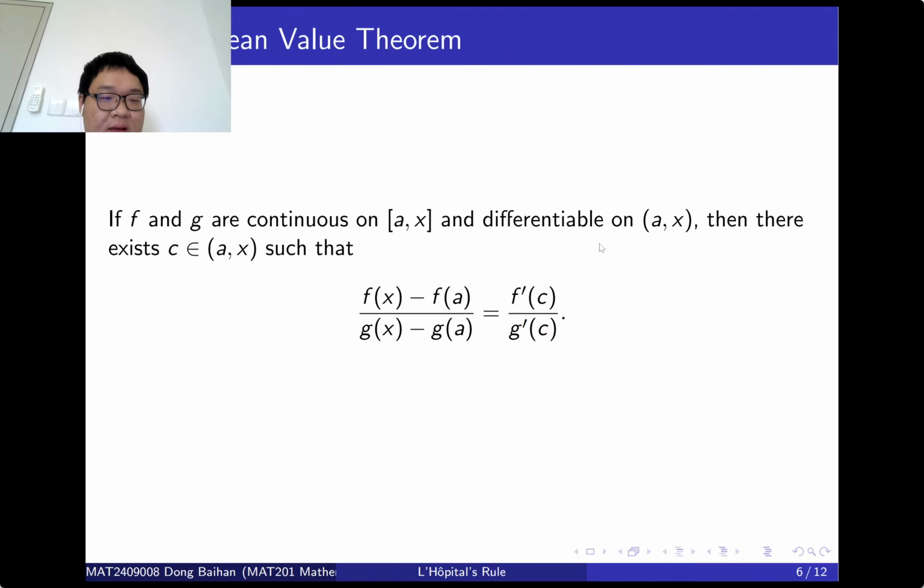There exists a point c between a and x such that this equation holds. This theorem converts a ratio of functions into a ratio of their derivatives.